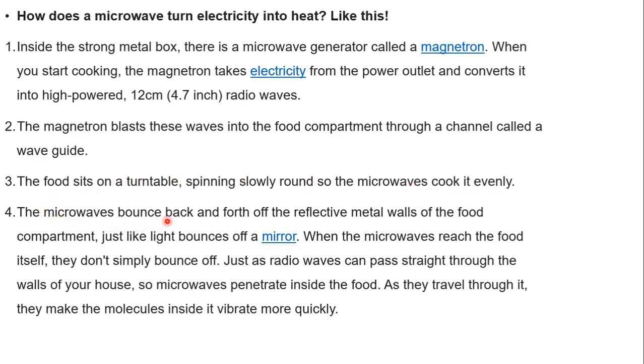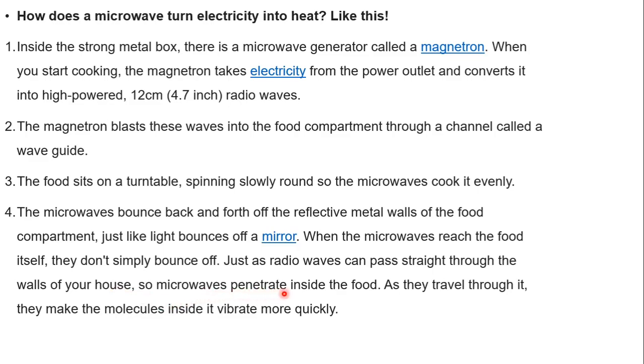The microwaves bounce back and forth off the reflective metal walls of the food compartment, just like light bounces off a mirror. When the microwaves reach the food itself, they don't simply bounce off, just as radio waves can pass straight through the walls of your house.